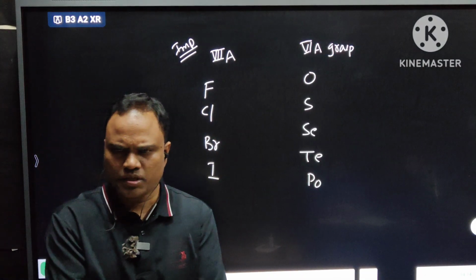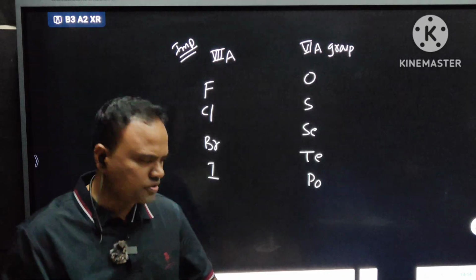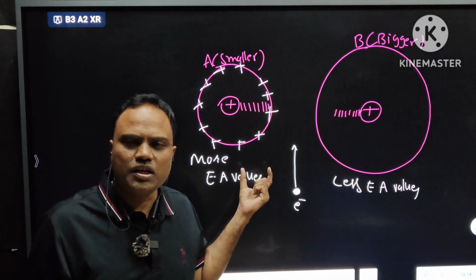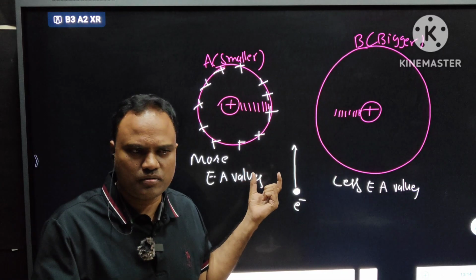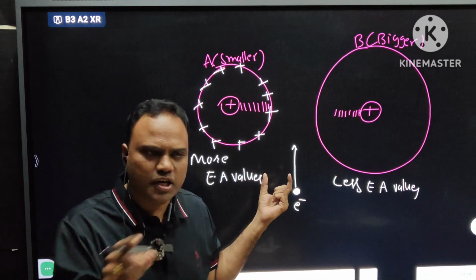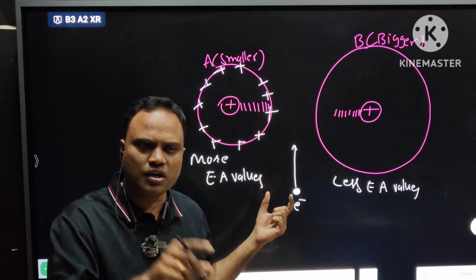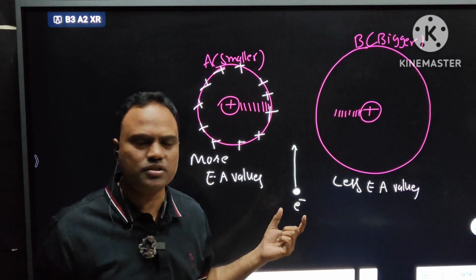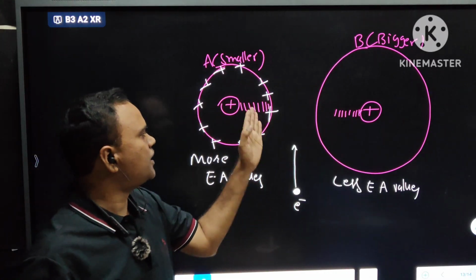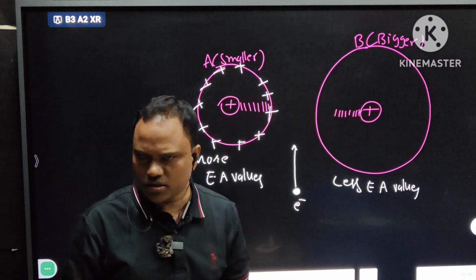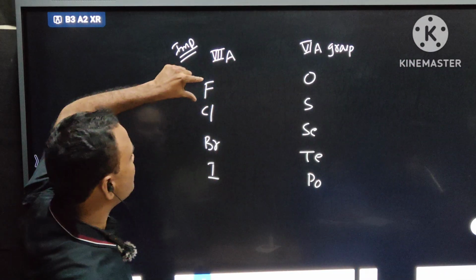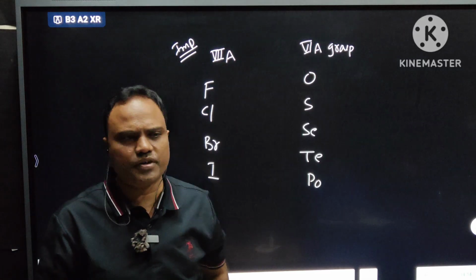Just now I explained one concept. See, for smaller atoms, electron affinity is more, because in smaller atoms positive charge is present on the outermost orbit. Anywhere, at any point, positive charge is present, so you can add an electron easily. Clear? So based on that, fluorine should have more electron affinity value.